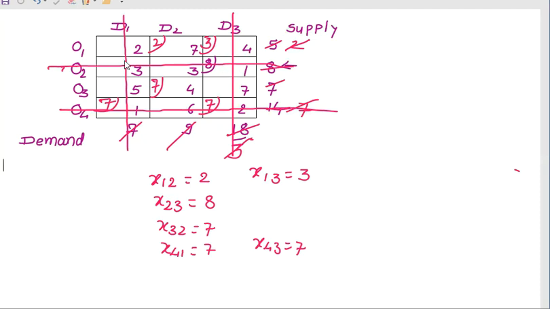In the third column, 3 units are transported from the first factory, 8 units from the second factory, 7 units from the fourth factory to the third warehouse. So 8 plus 7, 15 plus 3, 18 and 18 is the requirement at D3. So column sum restrictions and row sum restrictions are satisfied. So this is a feasible solution.